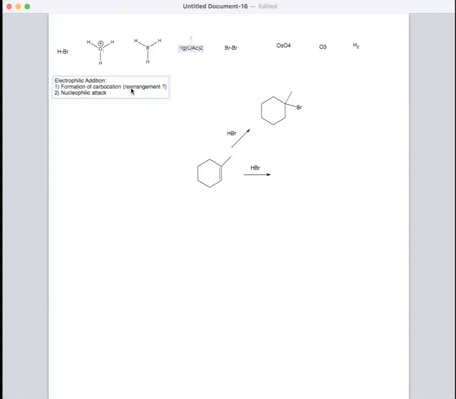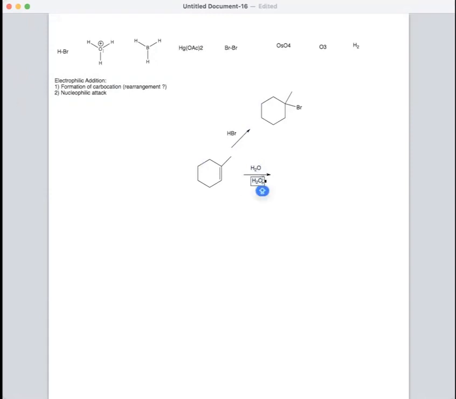For hydrogen halides and acid catalyzed hydration, it's the same mechanism. Both reactions go through step 1, formation of a free carbocation. If that carbocation can rearrange, it will, to form a more stable carbocation.